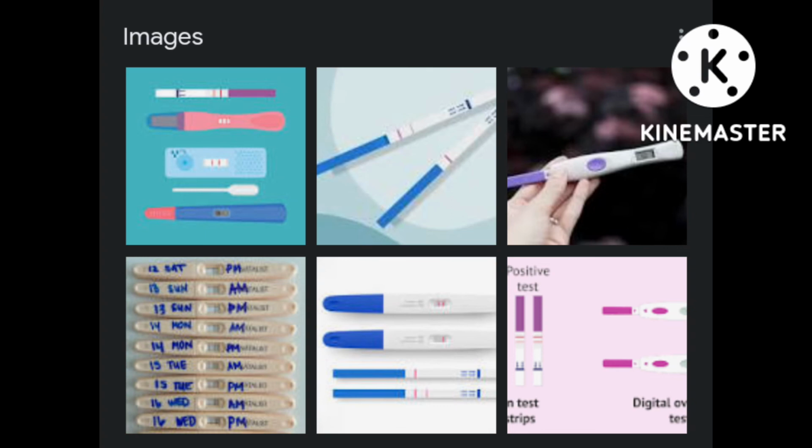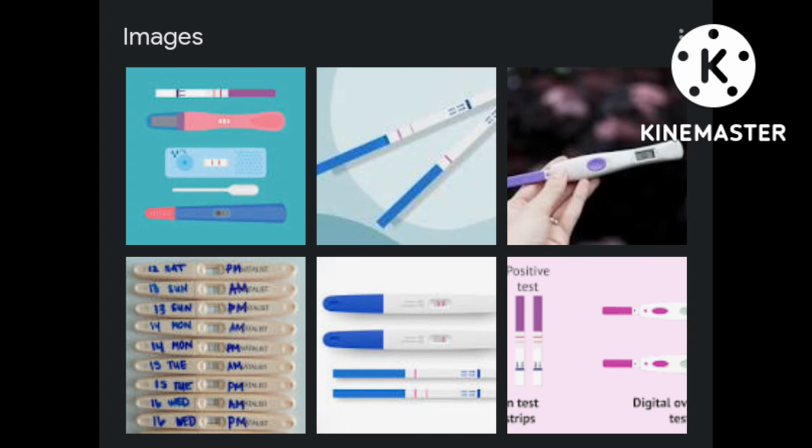If the test line shows up darker than the control line, you're about to ovulate. Advantage: this test checks the levels of this hormone. By detecting a surge in LH, it helps predict when you will ovulate. Knowing this information helps you and your partner time sex for pregnancy.